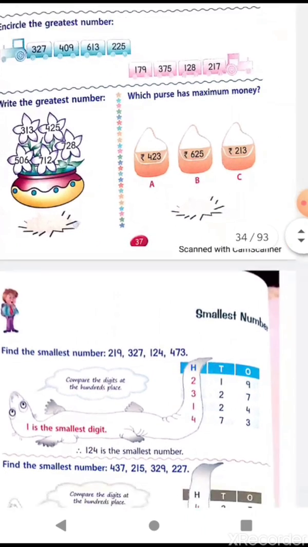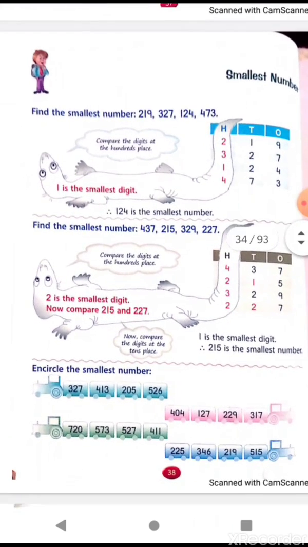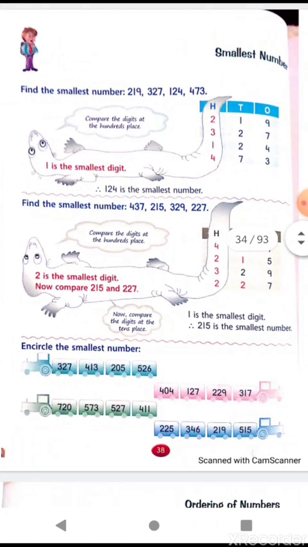Similarly, we can find out the smallest number also. For example, find the smallest number out of these given numbers. The numbers given are 219, 327, 124 and 473. Again, all the numbers have got 3 digits.